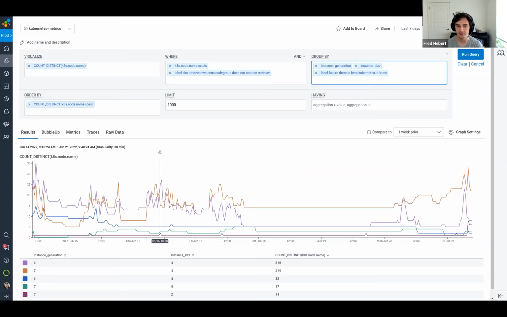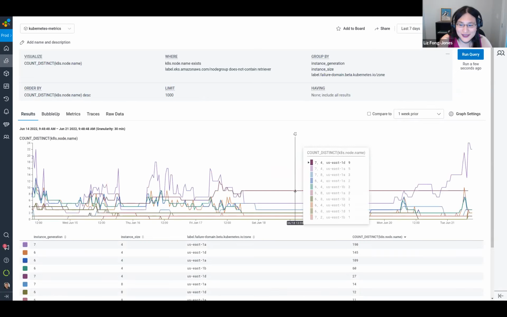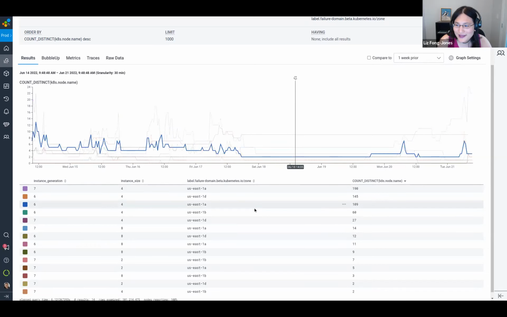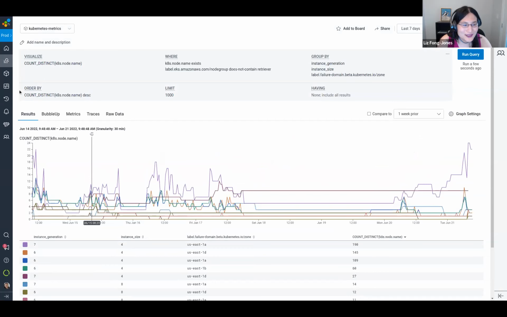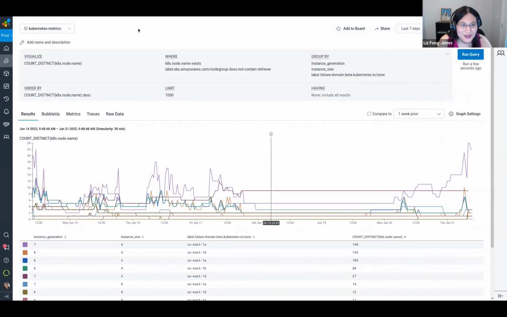Probably can do a pod name starts with Beagle on that one, but first I want to look at the distribution of instances by availability zone. You can see that for some reason, we were able to scale up much higher in US East 1A than in every other AZ. And that had some weird imbalance effects this morning. So those are things that you can discover.